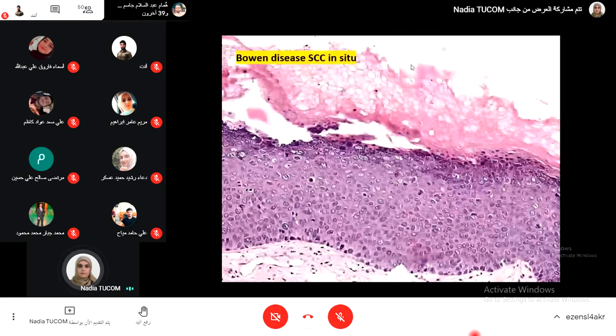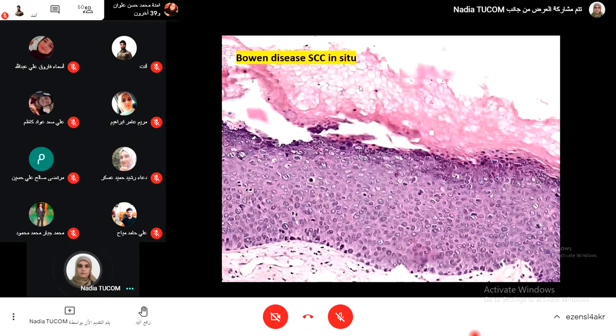It is a skin lesion, the skin of the penis, with involvement of the whole thickness by atypical or dysplastic changes, reaching the uppermost layer. See here the maturation: there is no maturation in the uppermost layer, so there are full thickness dysplastic changes.